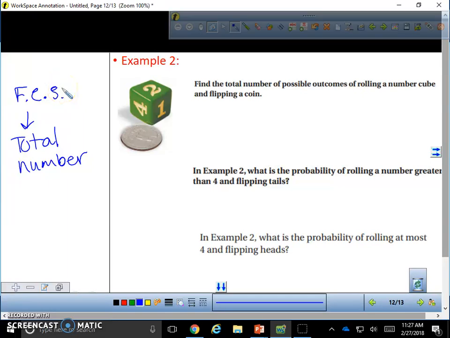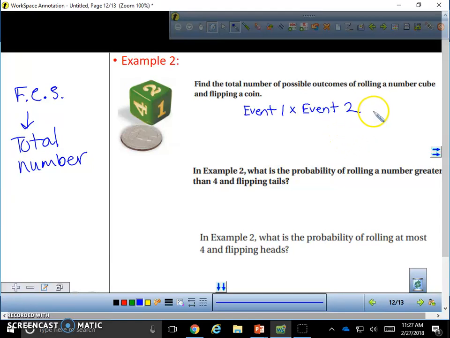In example 2, it's just asking what's that total. So it goes event 1 times event 2, because there's only two things going on here. If there was an event 3, we would multiply by event 3. If there was an event 4, we would also multiply by event 4.